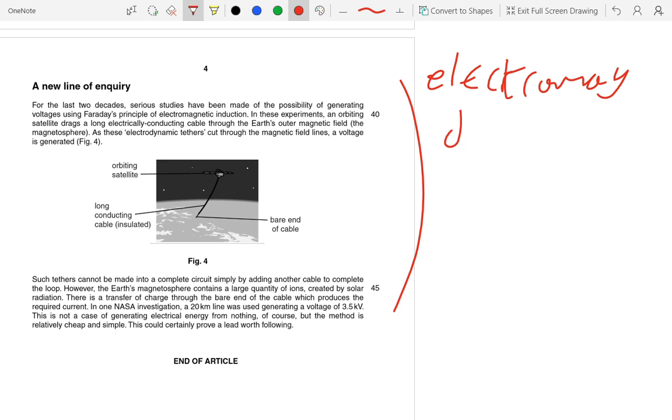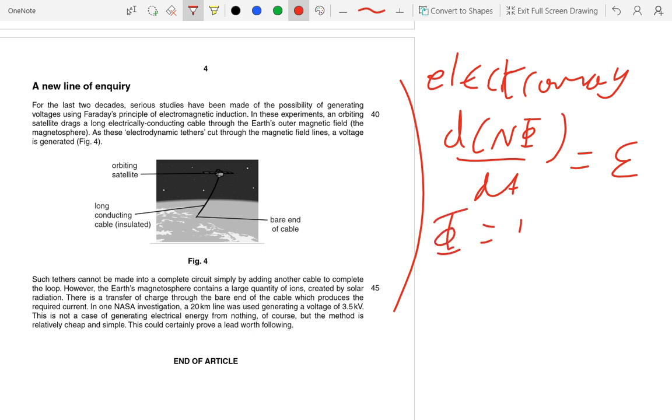So you've got Faraday's law, which is important to remember, N d phi by dt equals epsilon. And magnetic flux, so phi equals BA.